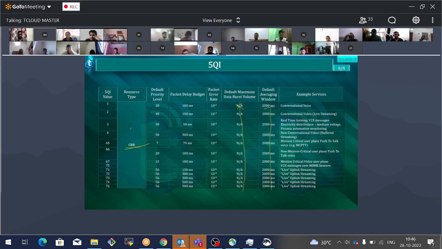For example, if your guaranteed bitrate is 64 kbps, 2000 milliseconds is equal to 2 seconds. So every 2 seconds you need to send a minimum of 128 kb of data, because 64 kb per second is equal to 1000 milliseconds. But here our default averaging window is 2 seconds or 2000 milliseconds.